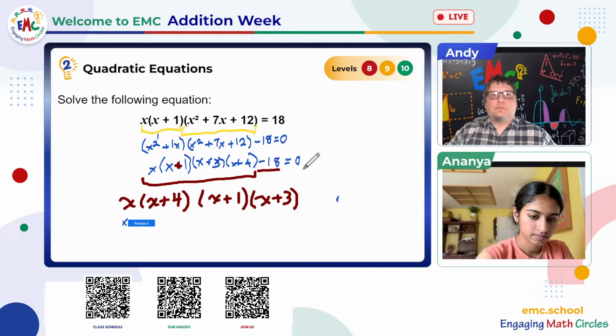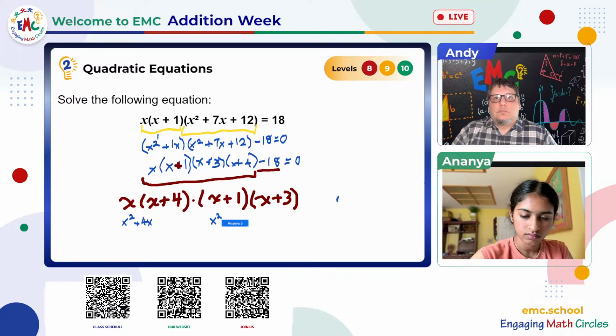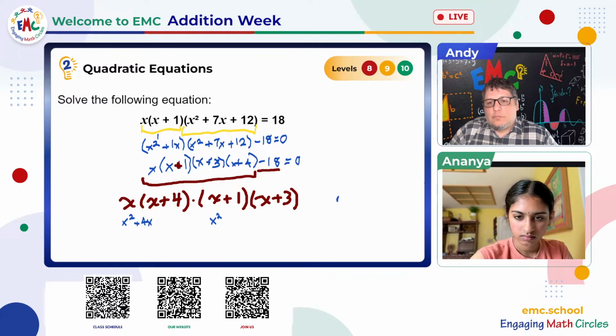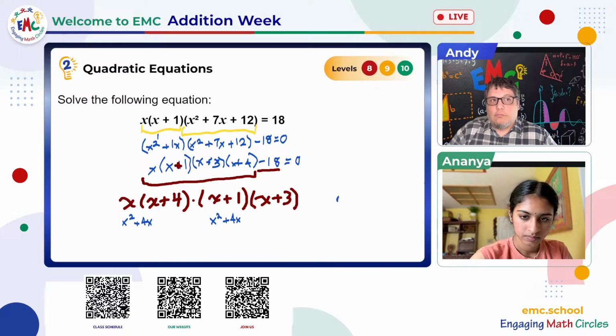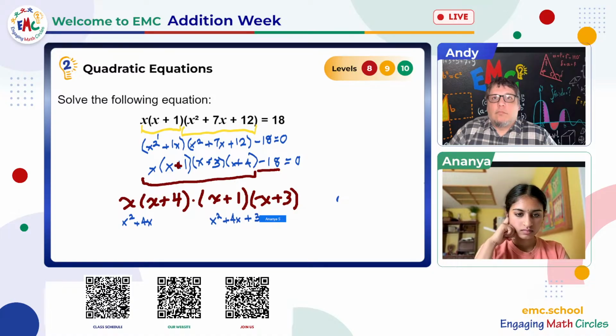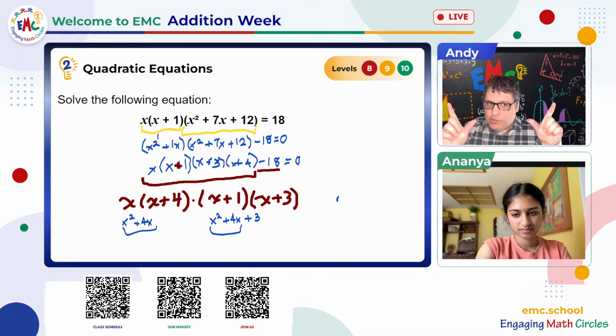What do you notice? They have the same first chunk.